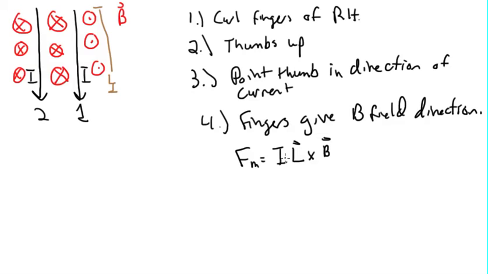Then we can shut our fingers and point in the direction of the B field, and what you should see is that your thumb points inwards. So there is an attractive force. The Lorentz force is attractive between the two.